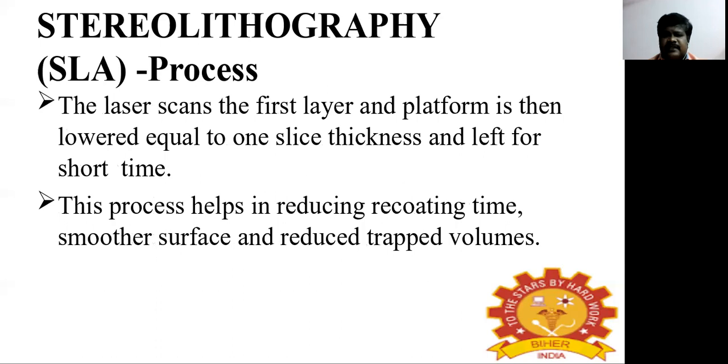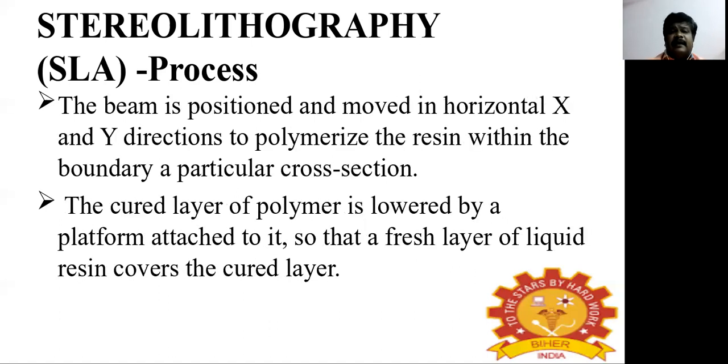Then in the SLA process, the laser scans our first layer, and our platform we can lower equal to one slice thickness and leave it for a short time. This will help in reducing the recoating time, for a smoother surface, and also reduced trapped volumes.